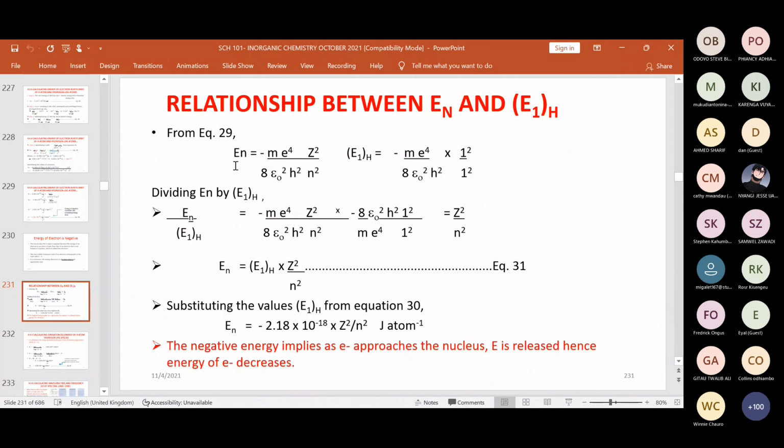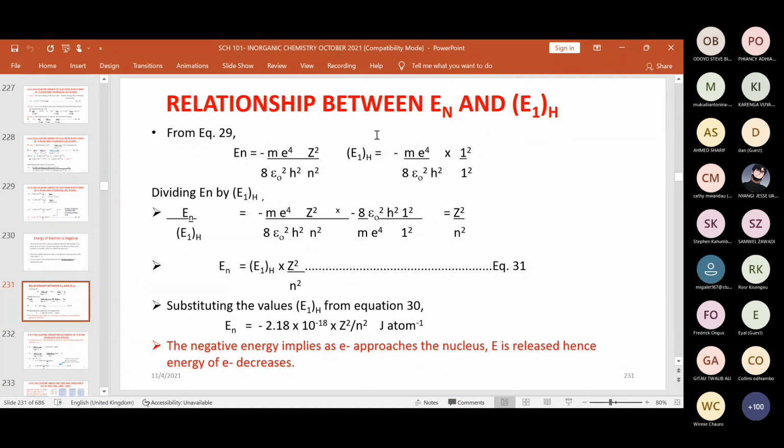And the one we have derived is for the first energy level, so it is E1. So for the energy of an unknown orbit, we can represent that orbit by n, and we have the first one, which I've already derived, is E1. So we divide En by E1 to get the equation we have on equation 31.